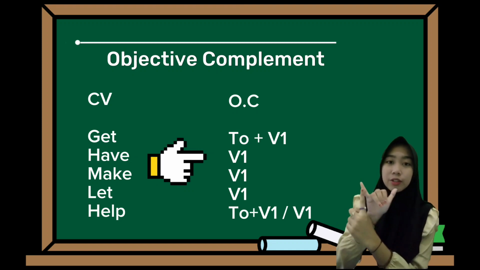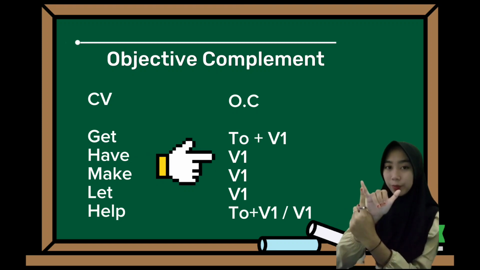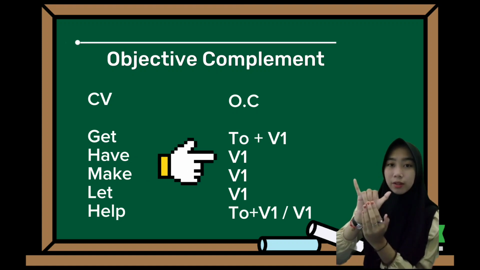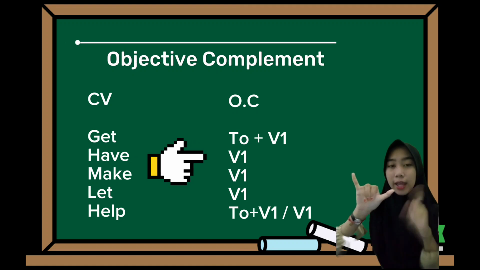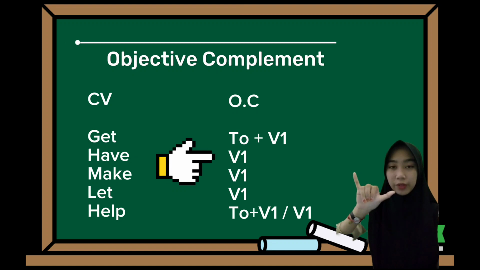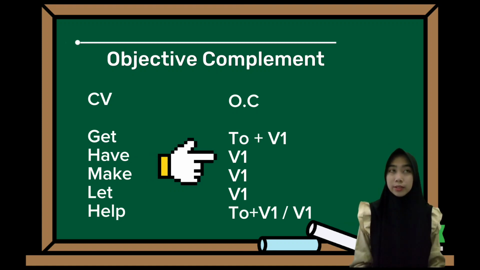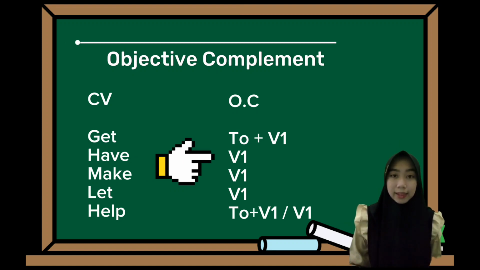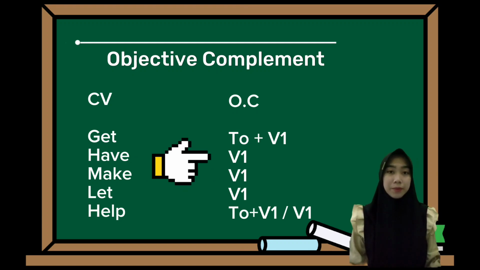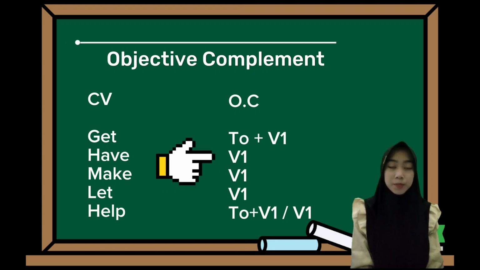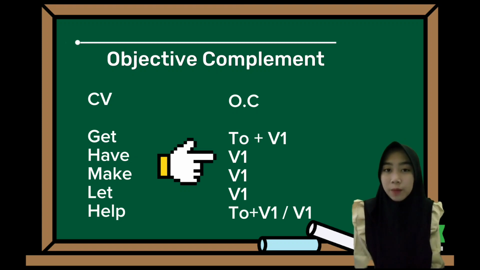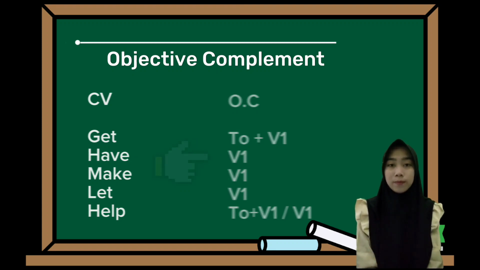The first is to infinitive, and the 3 causative verbs use verb 1 or bare infinitive, and the last is to infinitive and bare infinitive. Like if we use the causative verb get, we have to use an objective complement with to infinitive. Don't forget that causative verbs are suitable in all tenses, and the objective complement is the permanent form.